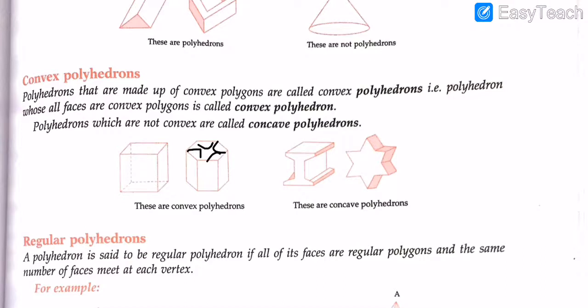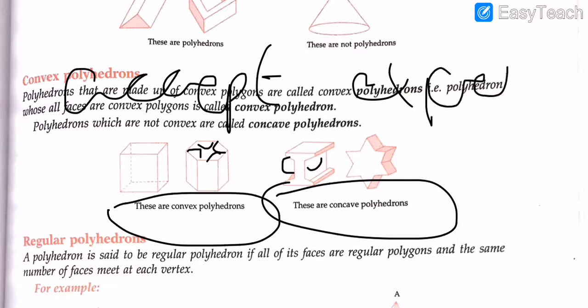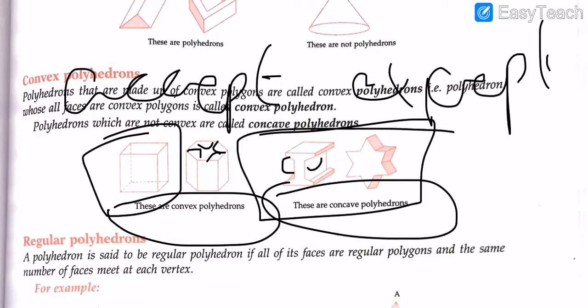Okay, I'm extremely sorry. This is a convex polyhedron, and this is a concave polyhedron. You can get confused between the names. It's like saying accept and except. It's one of those things, but don't get worried. Once you get the concept right, you'll understand as well.